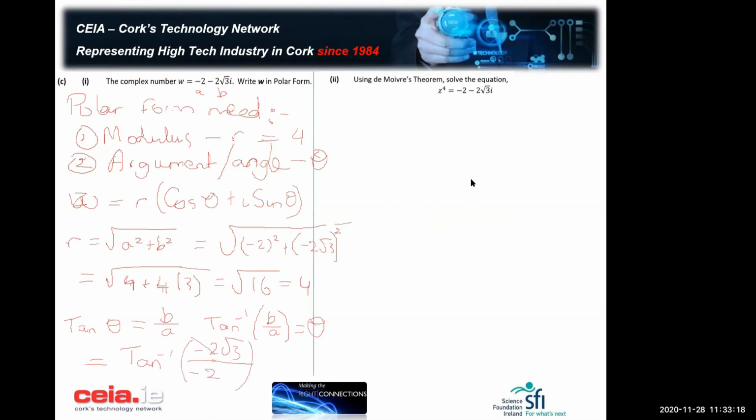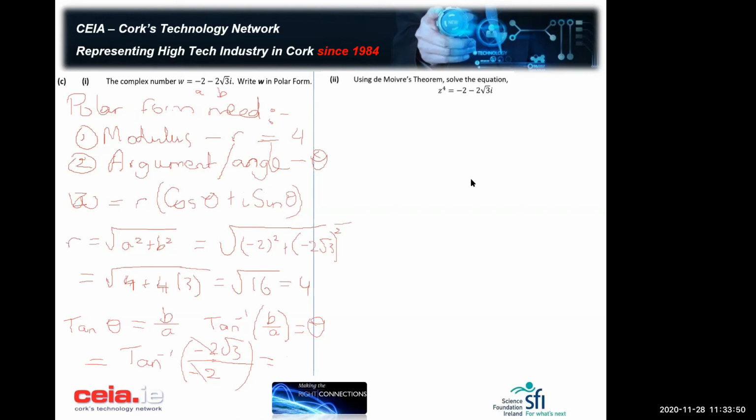The minus 2 cancels, so we've got root 3. And the answer to that is 240 degrees. Now, how do we work that out?